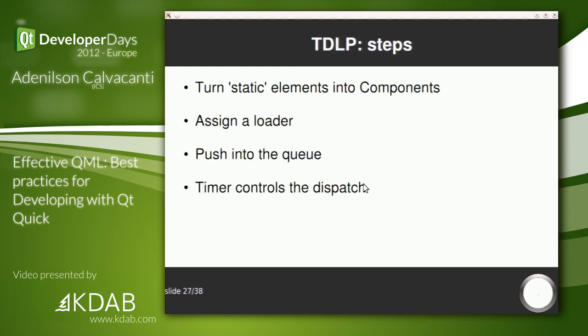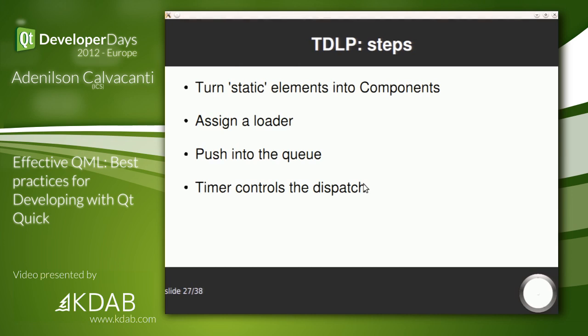This is the basic idea of time-delayed load and painting. You turn all the static elements, say rectangle, text, image, whatever, into components. It can be done within the scope of this very same file. Next, you need to associate a loader with each one of the visual components.